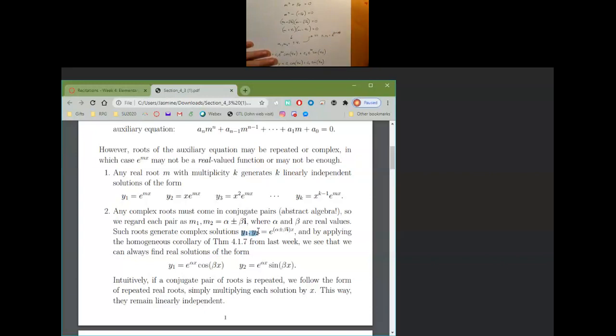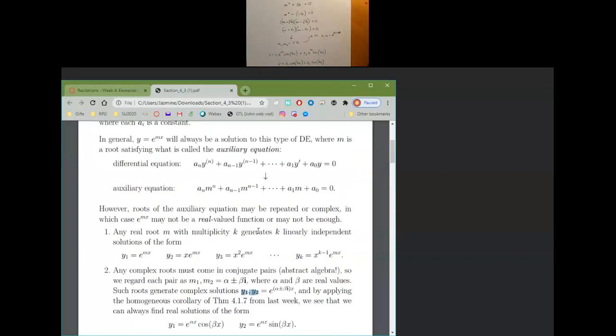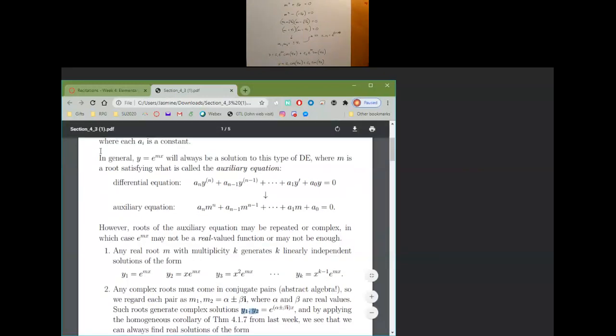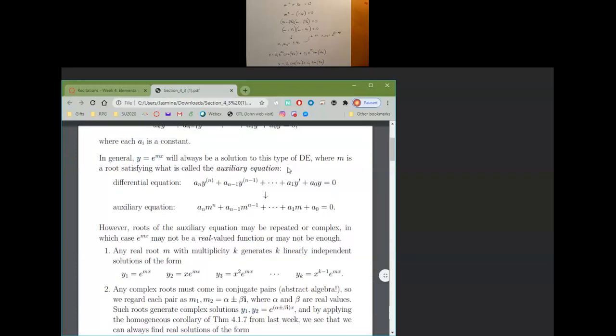Right. So right there is the part that I am missing some fundamental understanding of, in the sense that I don't get why, once we have those roots, imaginary or otherwise, we are allowed to plug them into that e to the alpha plus or minus beta i x formula in order to get our solution.